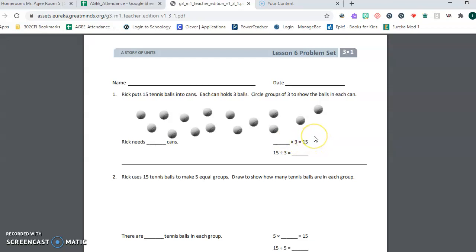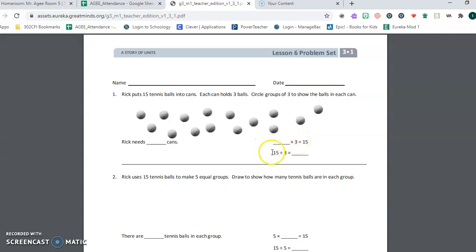At various times throughout this year, they'll ask you to find the product or use the product to do something or find a missing factor. So right here we've got a missing factor. And we already know that this factor represents the number of groups and this factor represents the size of the groups. And that's how, when you've got two factors, it's number of groups times size of each group.